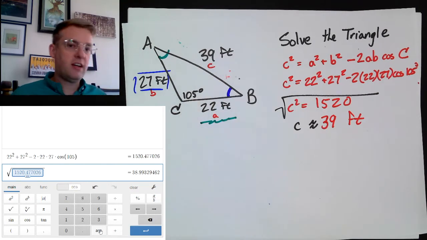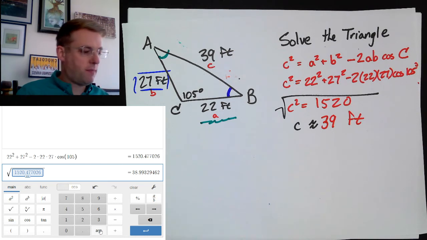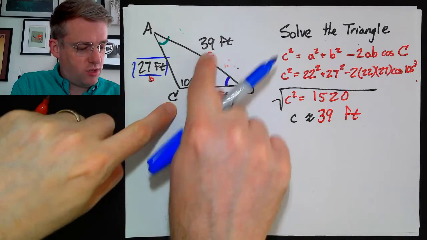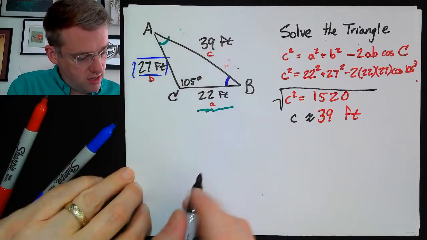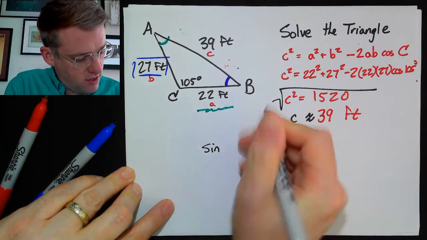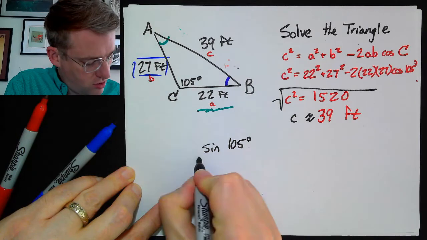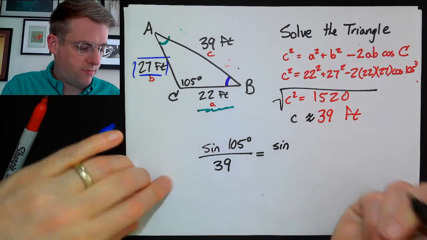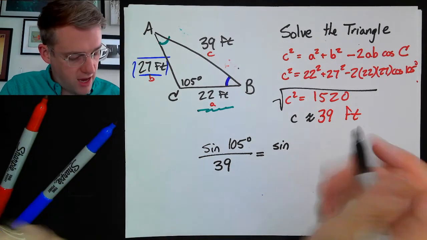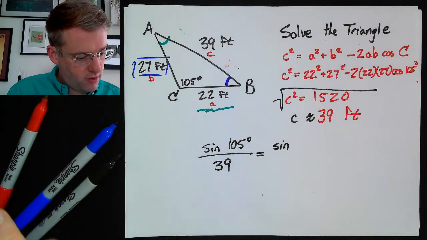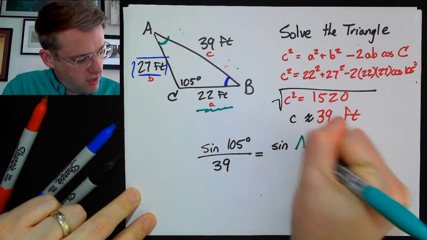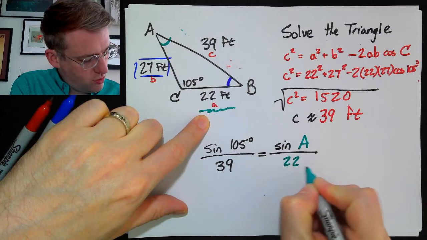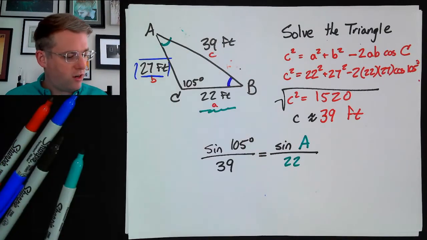We know the pair of 39 and 105 degrees, so I'm going to set up my proportion using the pair of C and C. The sine of 105 degrees over 39 feet is going to be equal to the sine of, you can pick either one, I'm going to go with A, sine of unknown angle A over 22 feet. So we've got two pairs. This will give us A.